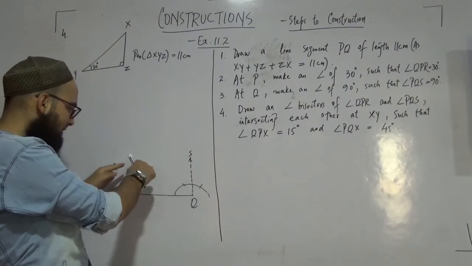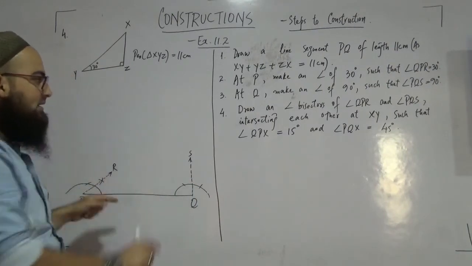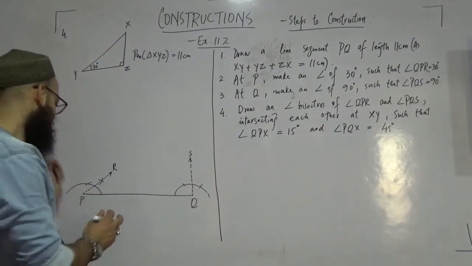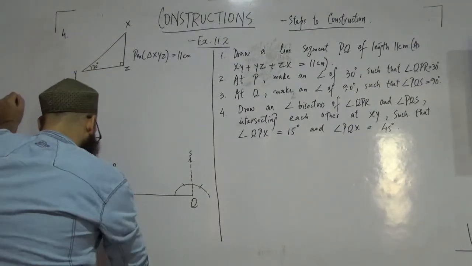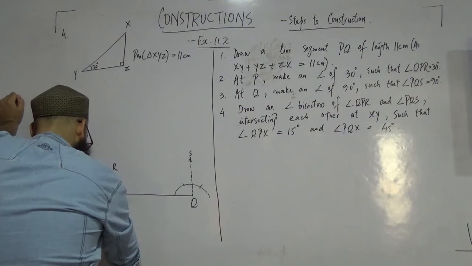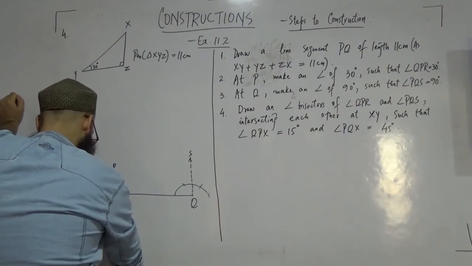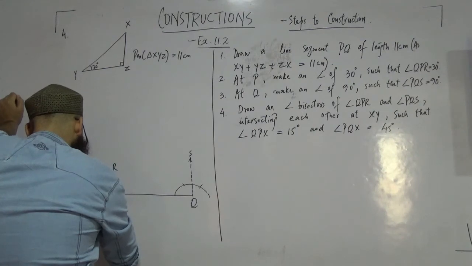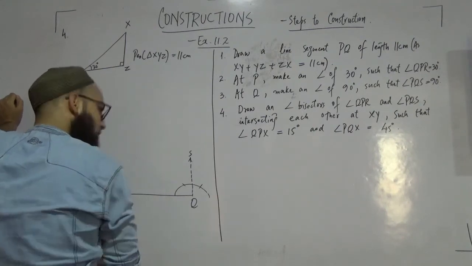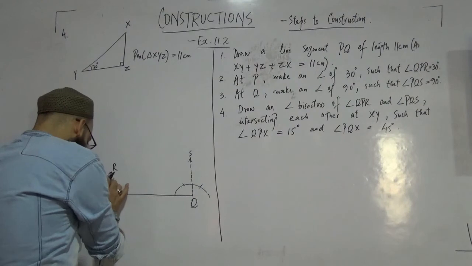So these angle bisectors will intersect somewhere. Let us say that point is X. That's it. So you will go like this. Go dotted again, just like this.